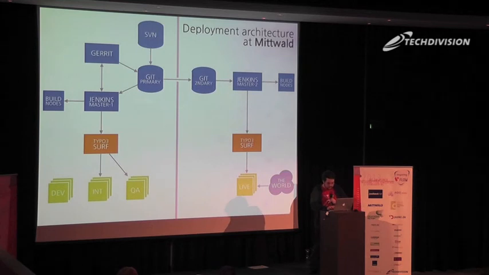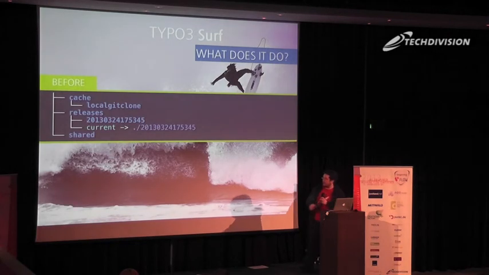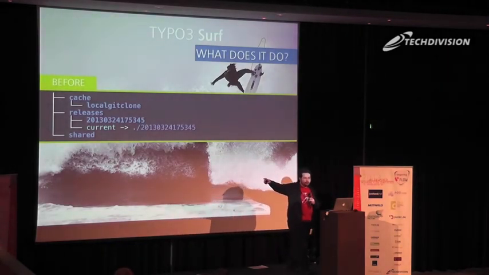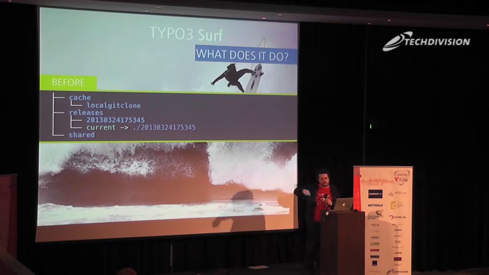Yes, let me get back to the slide where I showed the directory structure. Yes, you see the shared directory, and in there you can put all resources that should be shared between all releases.